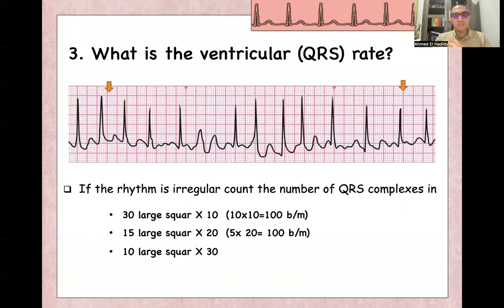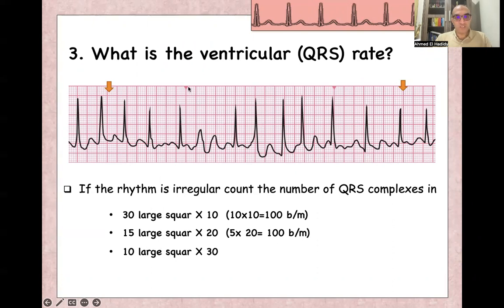If the QRS are irregular and the rhythm is irregular, like in atrial fibrillation, you cannot use the previous rule. So we have to count how many R waves in 30 large squares between these 2 points. We count 1, 2, 3, 4, 5, 6, 7, 8, 9, 10 QRSs and multiply by 10, which equals 100 beats per minute.